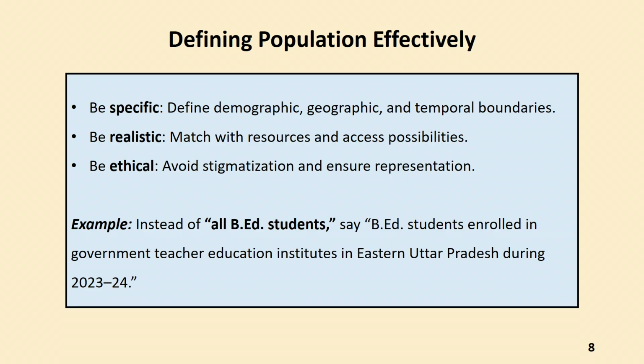When you say all B.Ed students, it is a very vague term. All B.Ed students of which institution, of which state, of which country? These are the things that raise a very serious question in front of a researcher, that whenever you are defining your population, do not define it in such a way. Be very specific and precise.